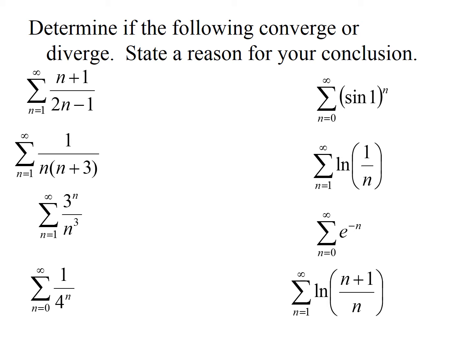Okay, so what we're going to do is start by taking the limit as n approaches infinity of (n + 1) over (2n - 1). Now, as we take this limit, we see that the limit equals 1/2.